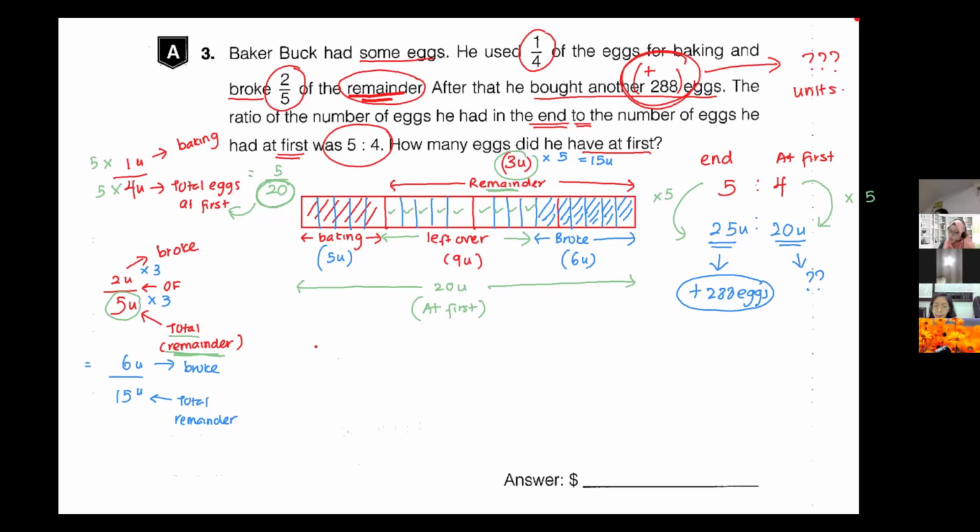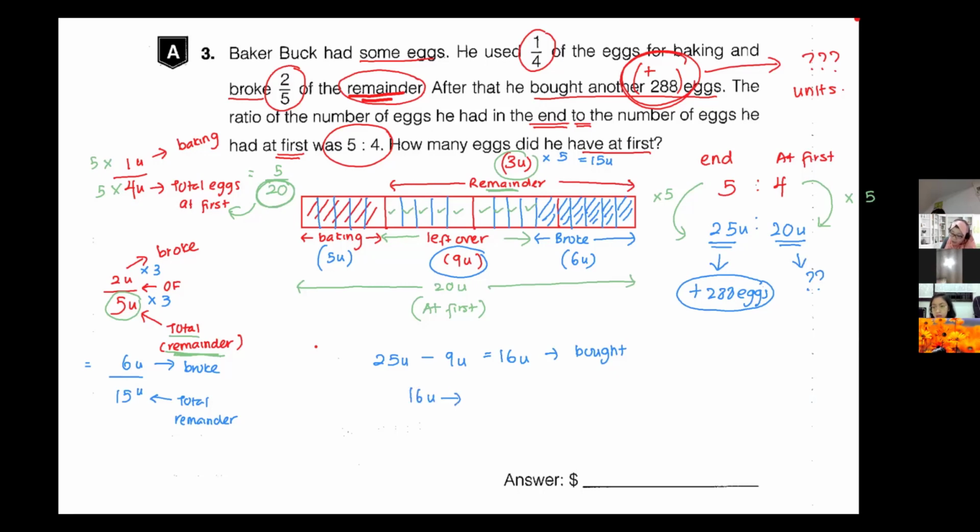If you want to know how many units is my 288 eggs, remember I have 9 units left over. In the end, it becomes 25 because I bought 288 eggs. Get it? So to find 288 eggs, you take the final units in the end and take away what he had left over just now, the 9 units, which equals 16 units. This is what he bought, the 288 eggs.